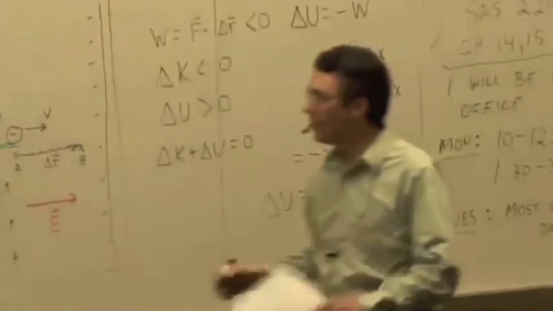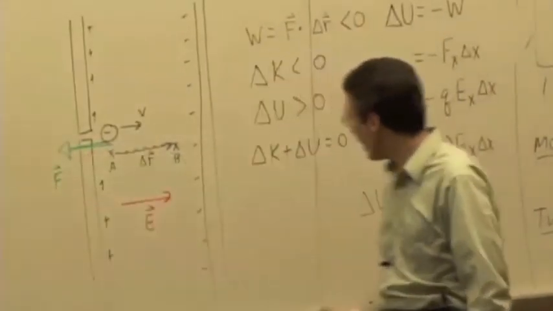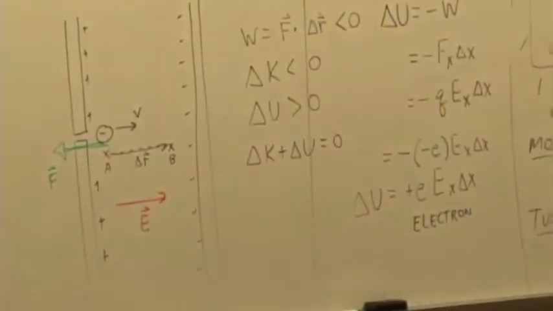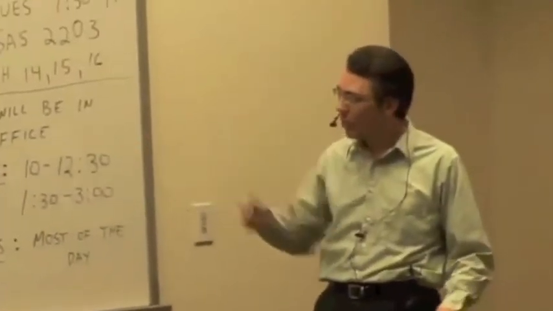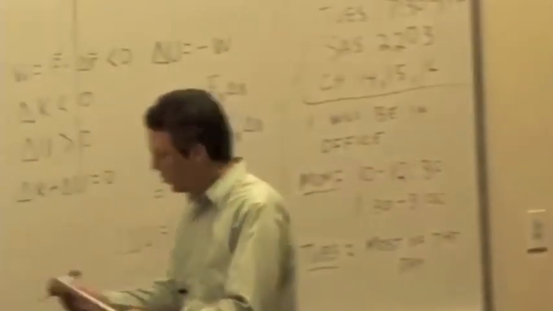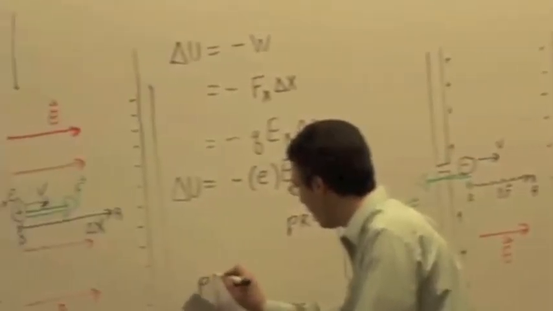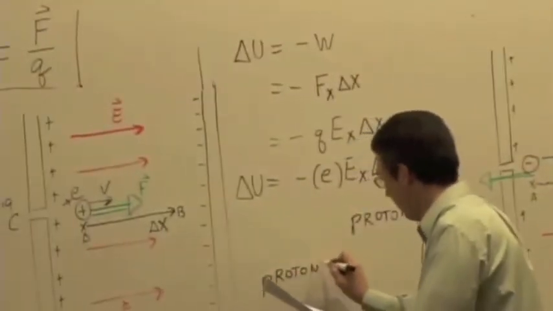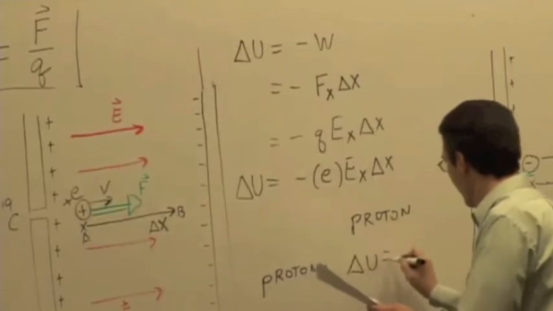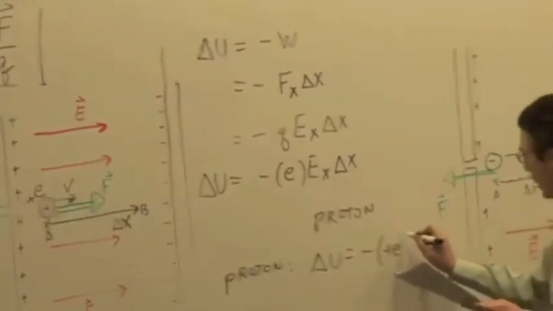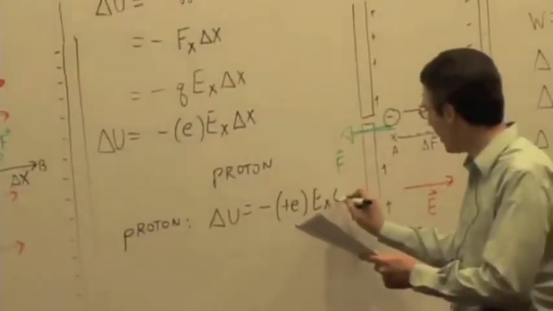So in this case, potential energy goes down. In this case, potential energy goes up. But the expressions look pretty similar, right? All we're doing is changing the sign. So what if we said, well, okay, if I do it for the proton, it's the negative of a positive e times E_x delta x.